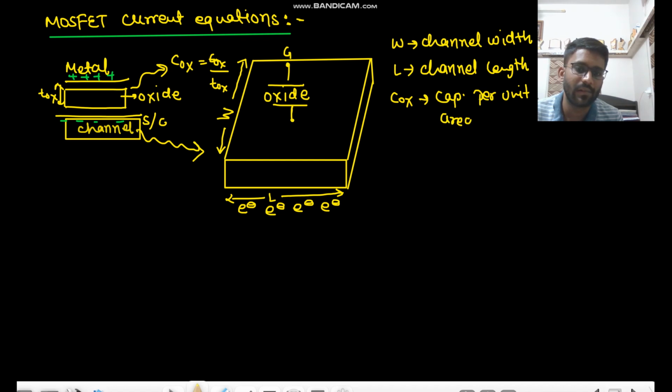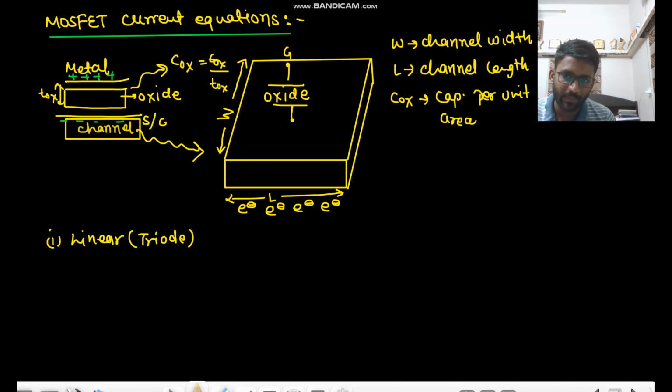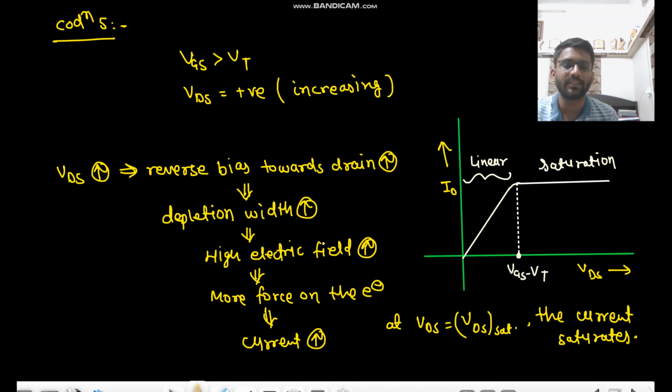Okay, now we are writing the current equation for the linear or triode region. So what is the condition for the linear or triode region? VDS is less than VGS minus VT, right?